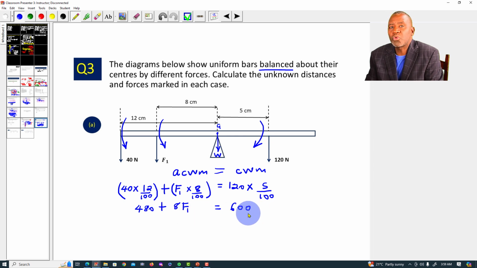And you can work out F1. How do you work out F1? We're going to subtract 480 from both sides, and you're going to find that on this side I'm going to have 120.